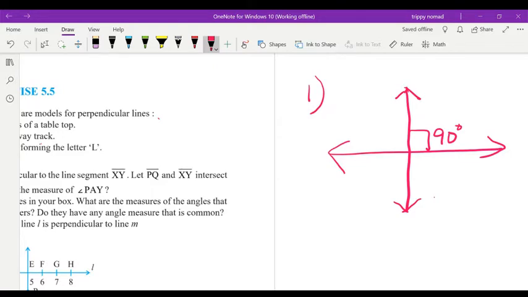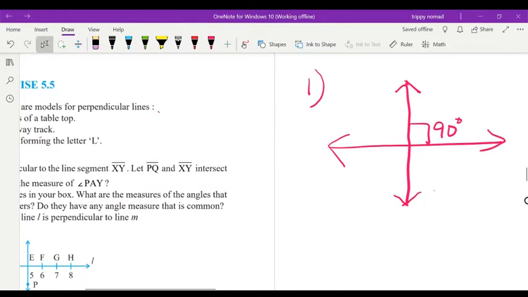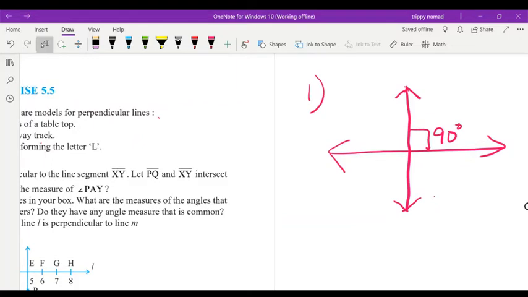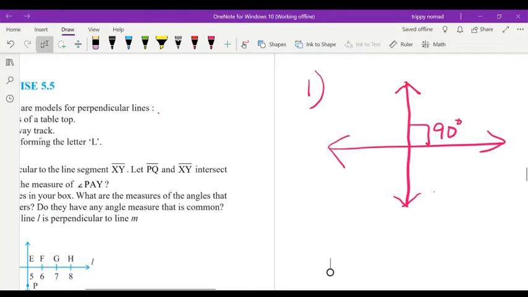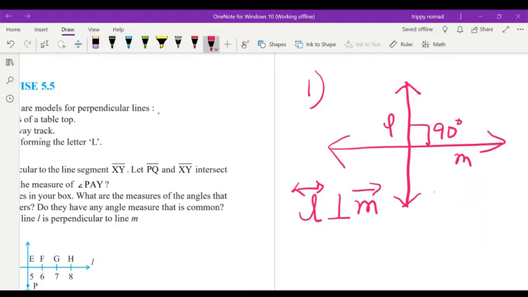Suppose I have drawn here two lines, this is line L and this is line M. L and M lines: L is perpendicular to line M, we will write like this. This is the way to present it symbolically.